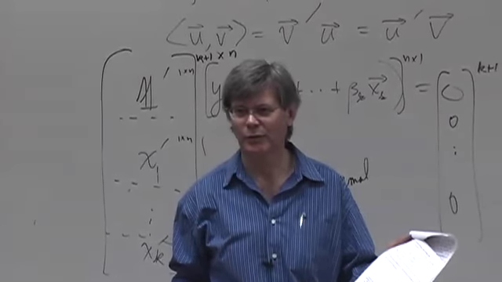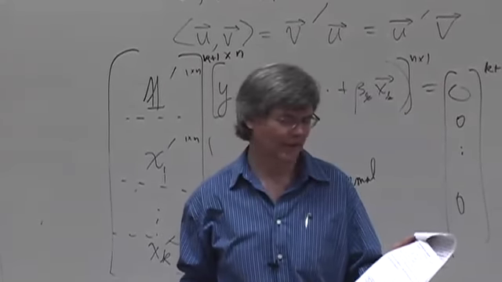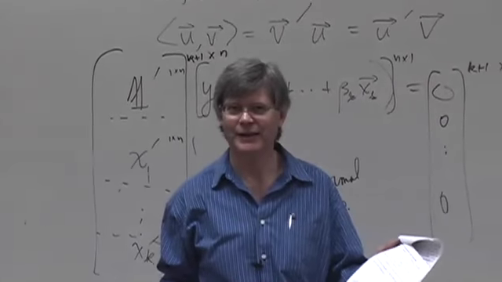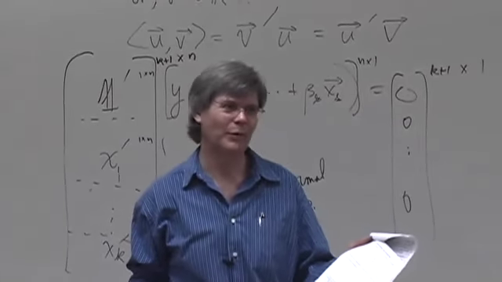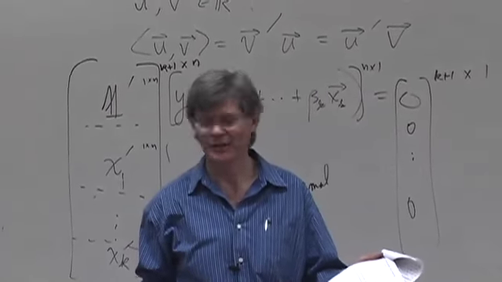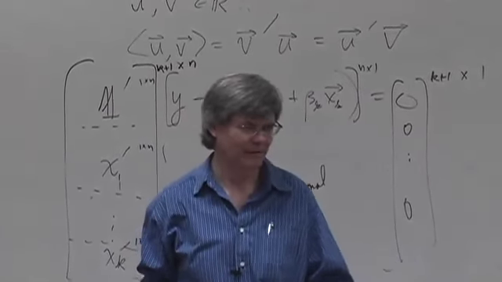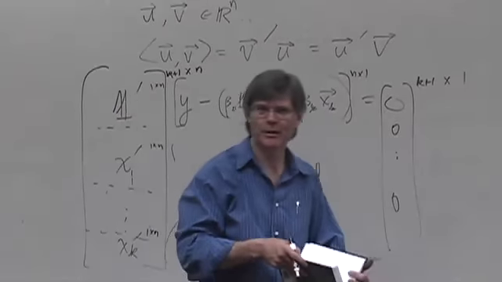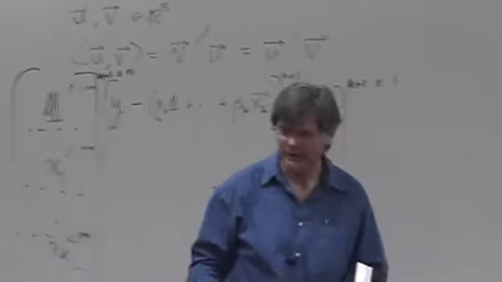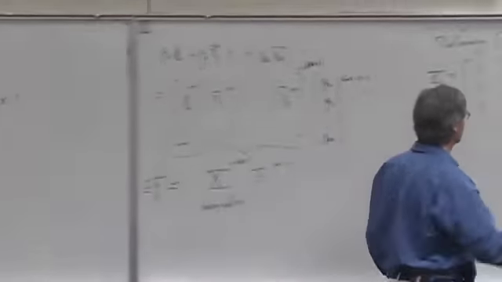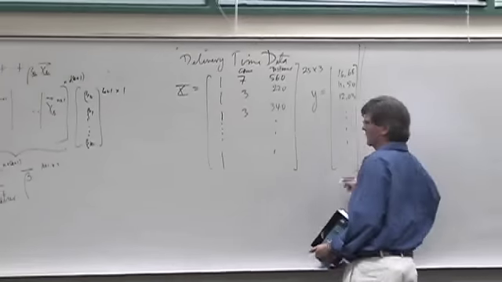I'm writing out, using typewriter symbols, which don't have primes and things like that so easily, so that it won't interact with the actual syntax of the Maple language, an obvious notation for the calculations we have to do to solve the normal equations.